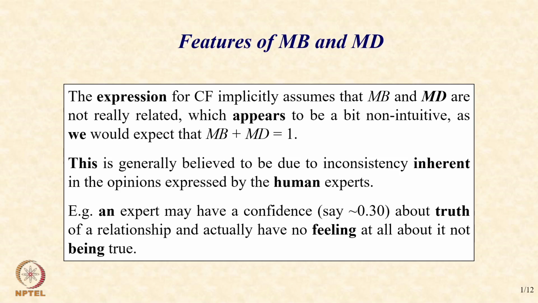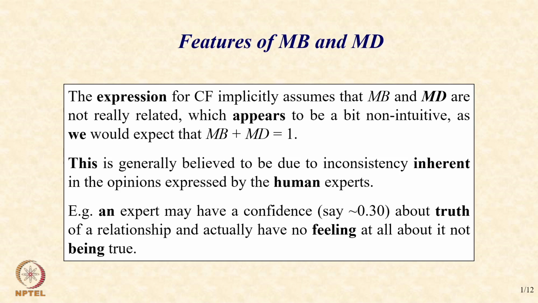Now, that is extremely non-intuitive, because if you say that a particular relationship is true with a particular level of confidence, the fact that it is not true has to be 0.7. This is what our whole game of logical reasoning tells us.